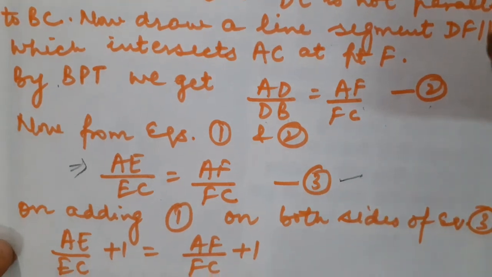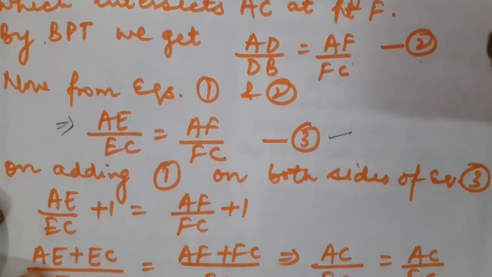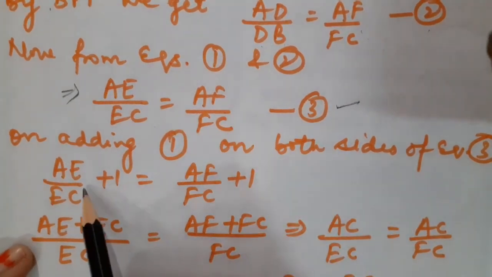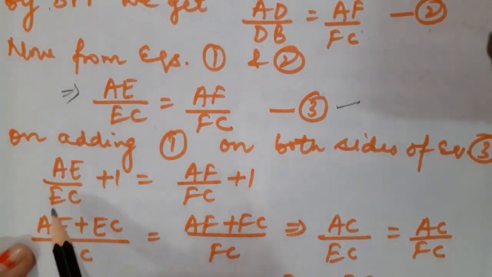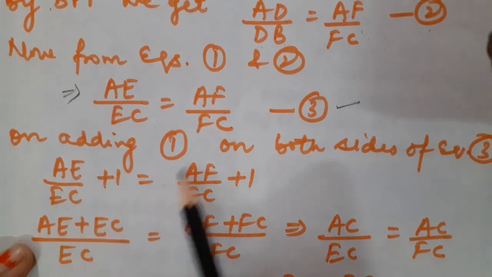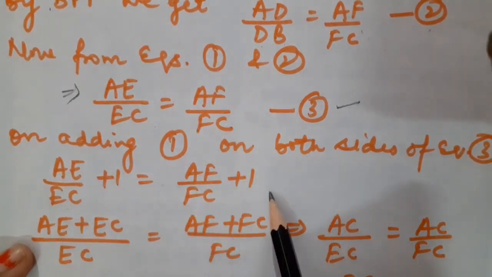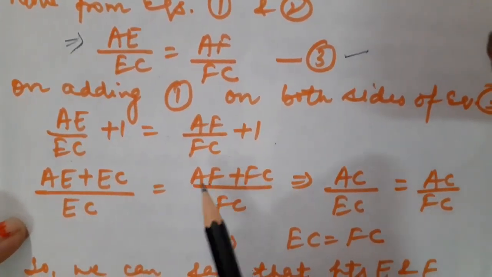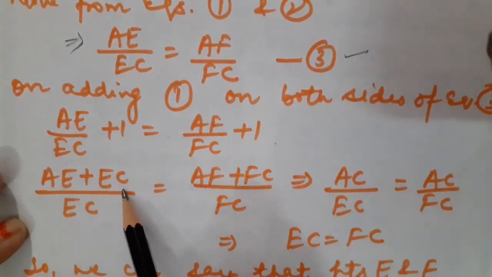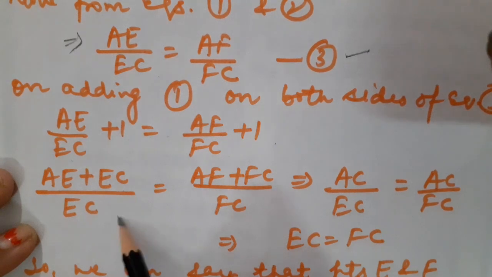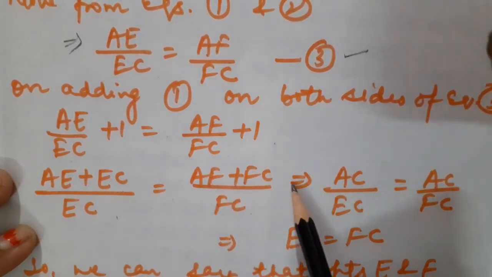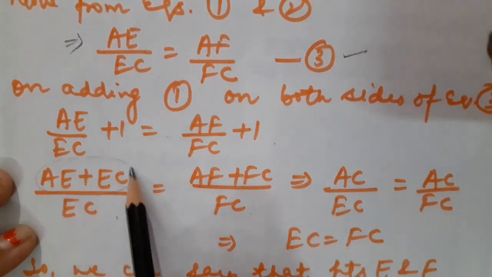Fine. Now children, I am going to add 1 on both the sides of equation number 3. So while adding 1, it would become AE upon EC plus 1 is equal to AF upon FC plus 1. Let us take EC as LCM. So I will be getting AE plus EC upon EC is equal to AF plus FC upon FC. What is this AE plus EC?